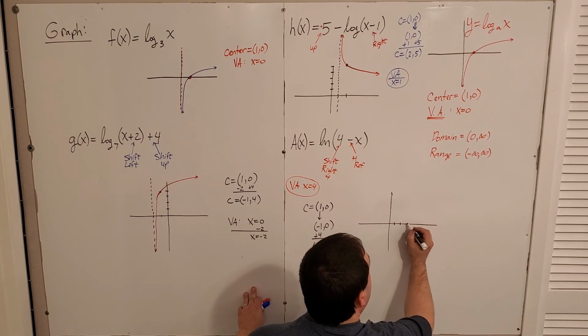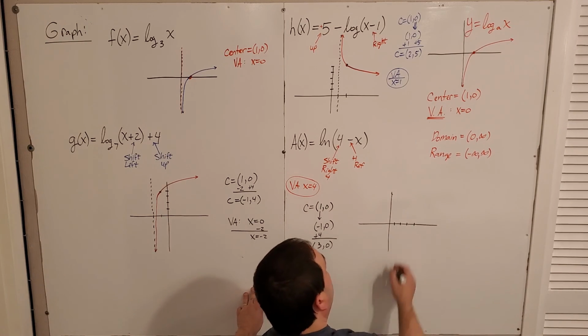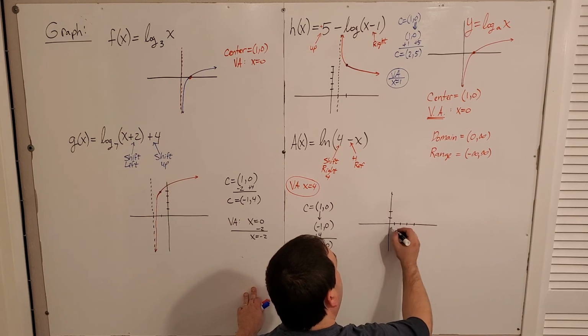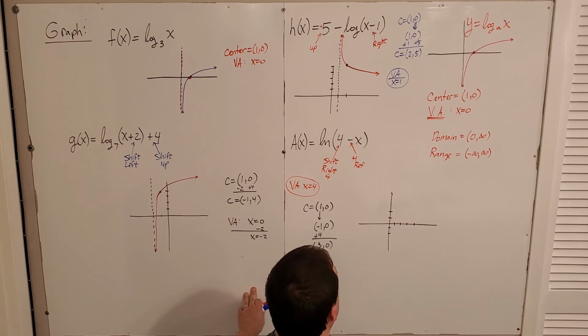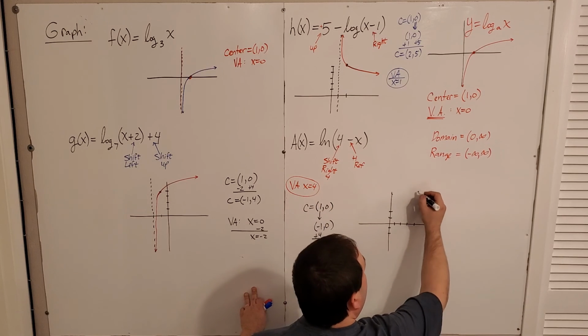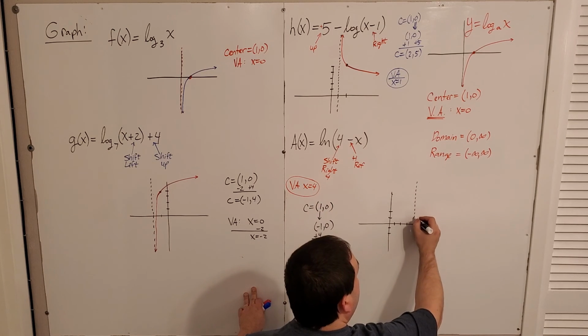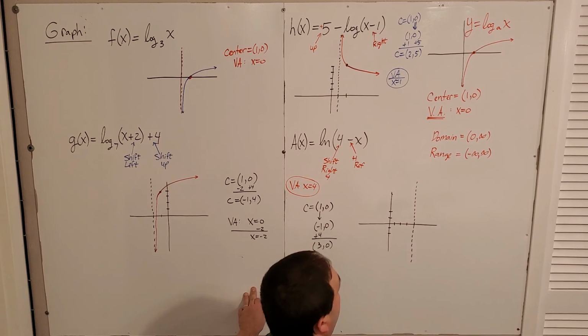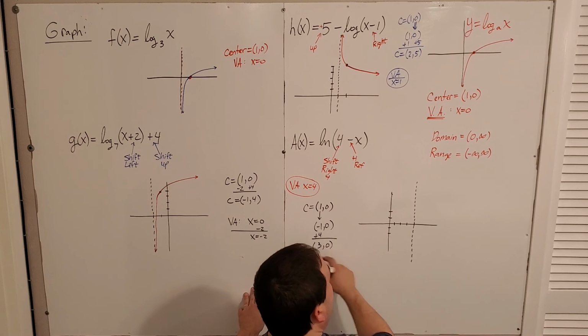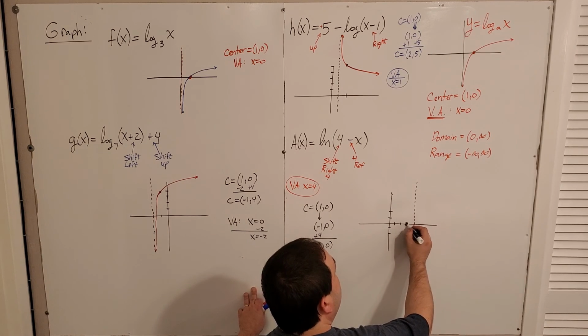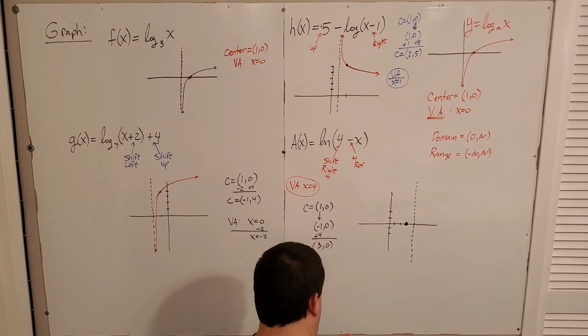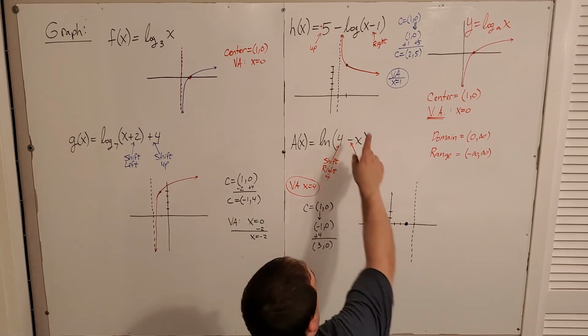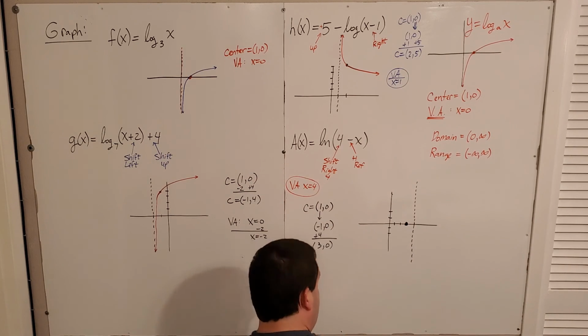1, 2, 3, 4. We'll put a couple of marks here and here for good measure. x equals 4 is my vertical asymptote. Like so. 3, 0 is my new center. So that's here. Notice it's on the left-hand side of the asymptote this time, whereas all the other ones are on the right. That's a dead indicator.